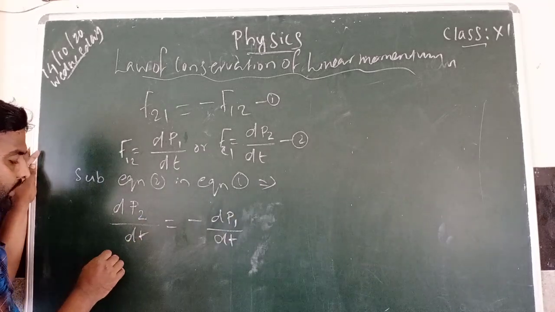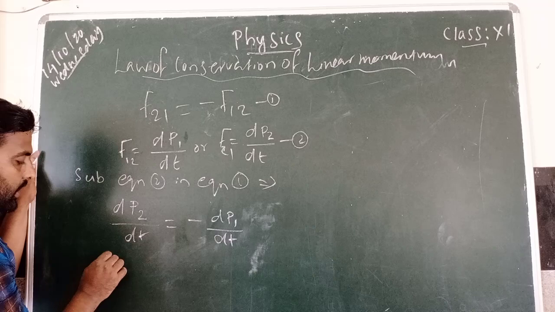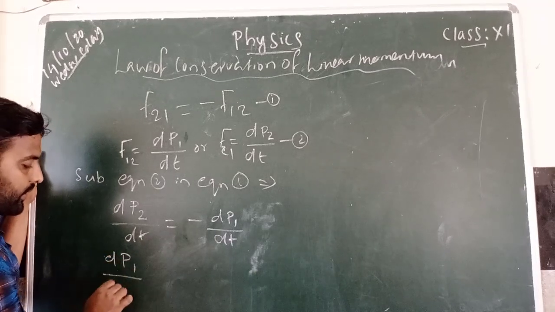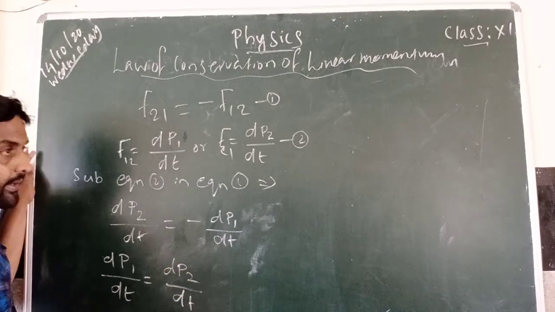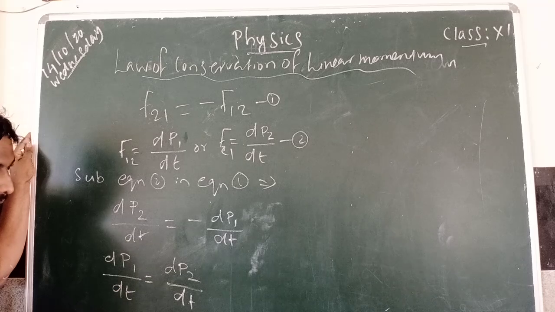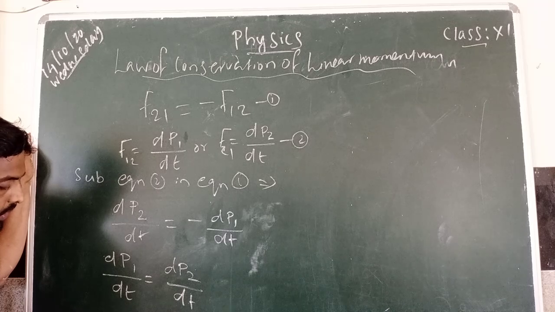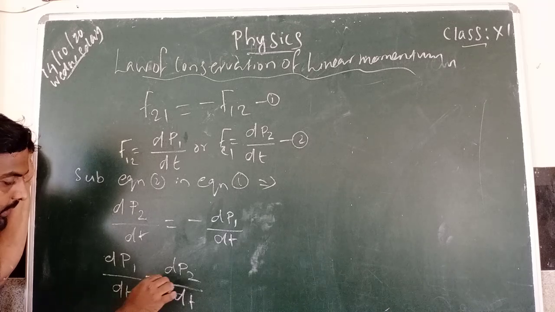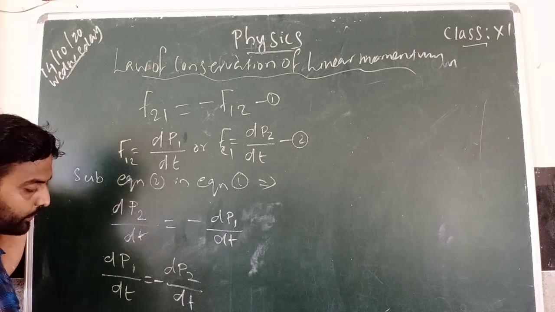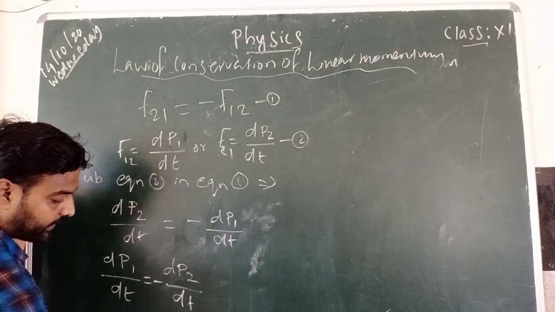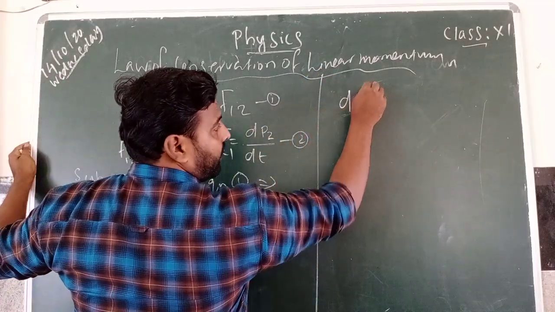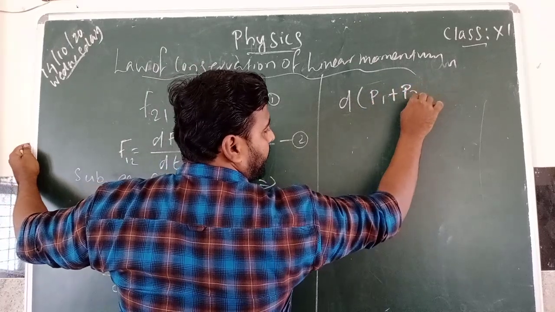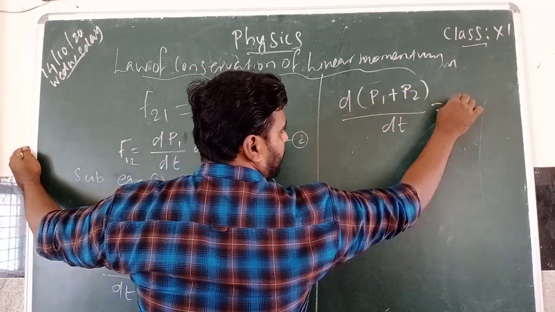Rearranging, dP1 by dt plus dP2 by dt equal to 0. So d of (P1 plus P2) by dt equals 0.